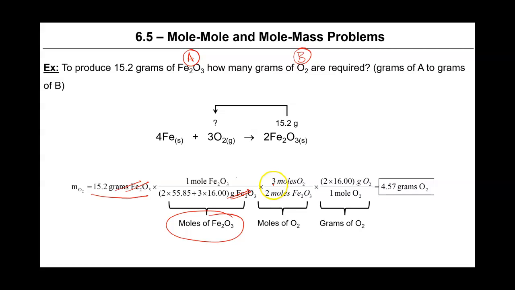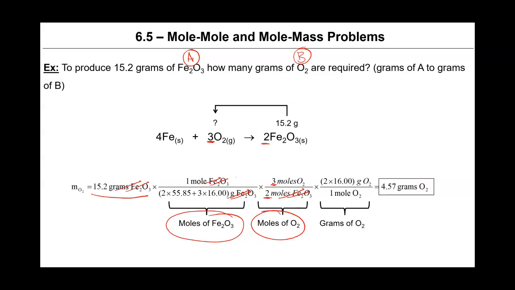We're going to multiply by the mole ratio that has the coefficient of our unknown on the top line and the coefficient of what we do know the grams of on the bottom line. And hopefully you can see that that will leave us with the moles of our B.